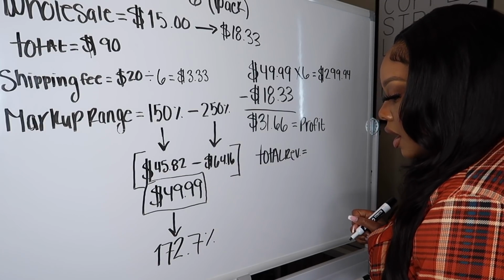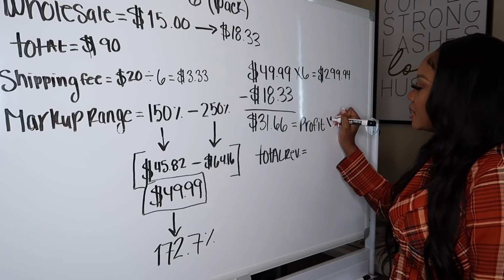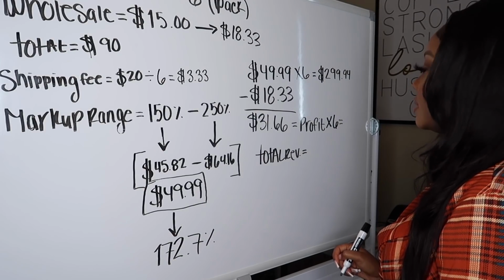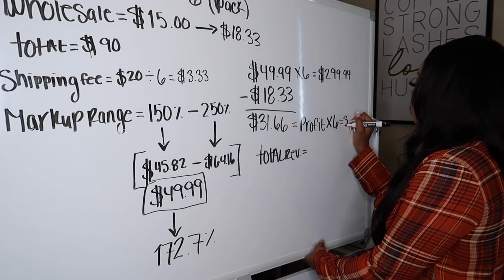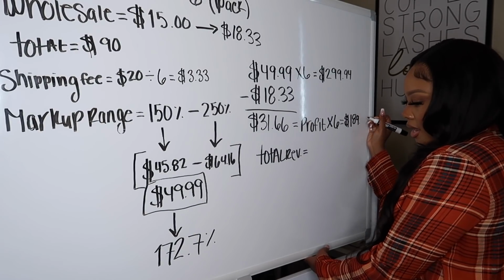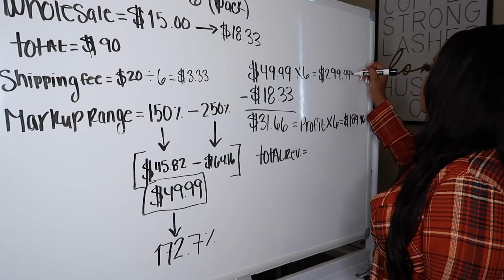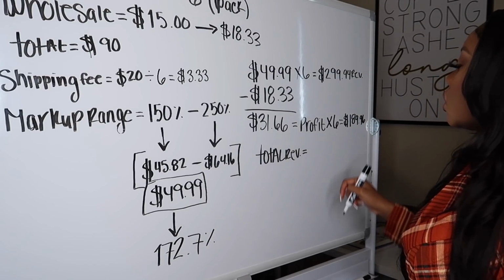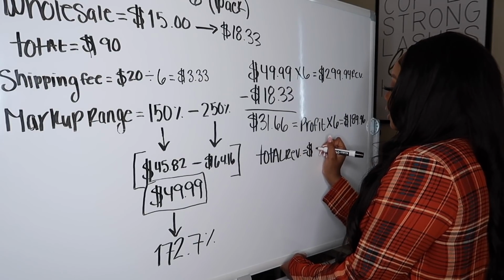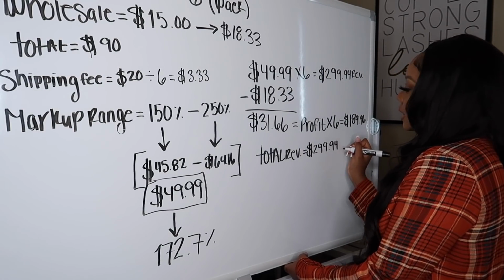All right. So we also want to figure out what is going to be our potential profit. So we're going to times this by 6 as well. When we times 31.66 times 6, that is going to give us a grand total profit of $189.96. So we know what our revenue is overall. We know what our total profit is overall as well. It's going to be $299.94, actually, not 96.